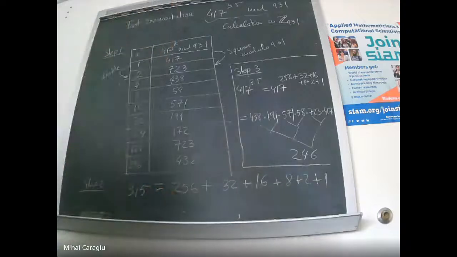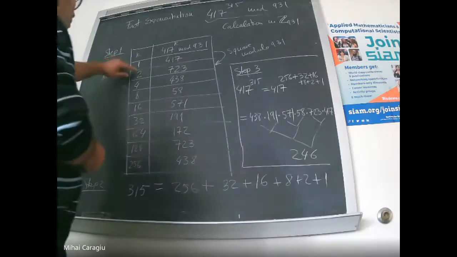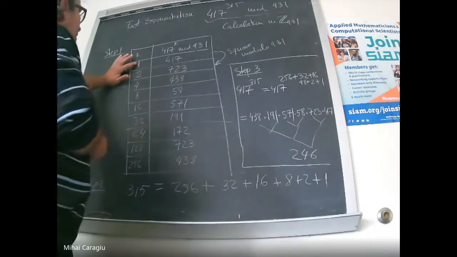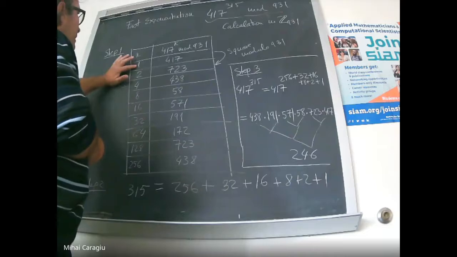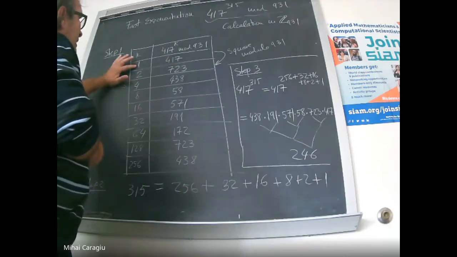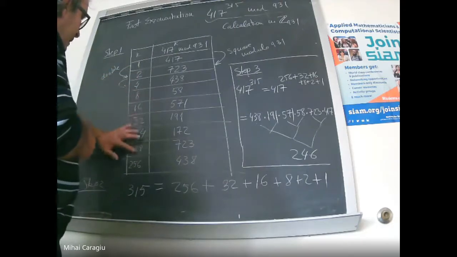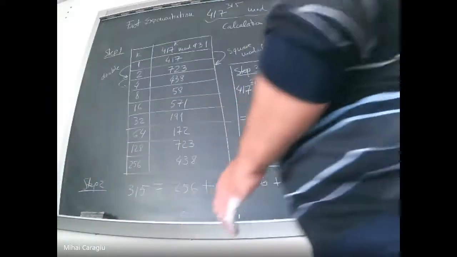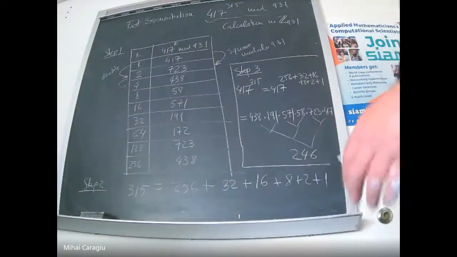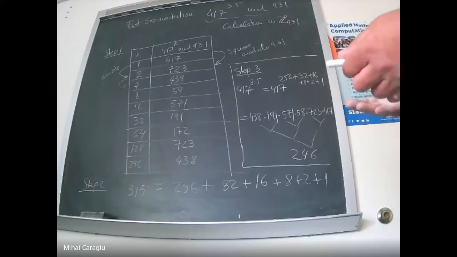So, how to write down the conclusion? After this fast exponentiation algorithm, let's see how many multiplications we did here. Just entering this number counts as one multiplication. So 1, 2, 3, 4, 5, 6, 7, 8, 9 multiplications. Then writing in base 2, let's say it doesn't use any multiplication.